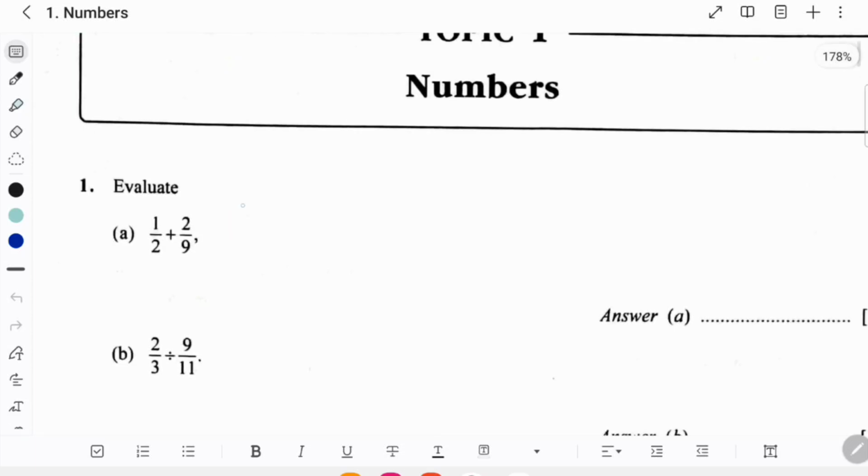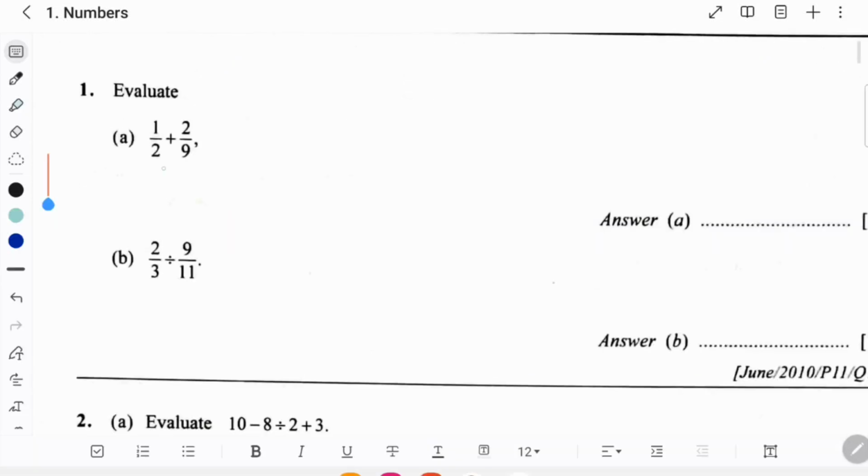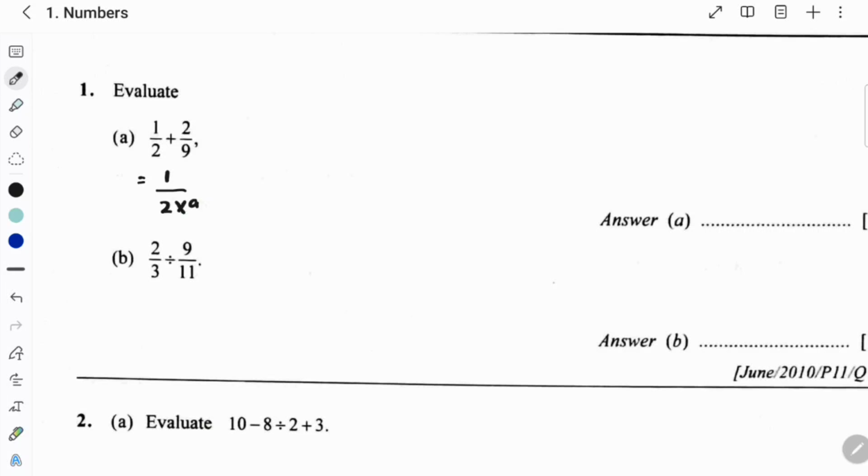So you just multiply the first one, 1 upon 2, by 9, and the 2 by 9 as well, and then the second fraction by 2, to make the denominator equal. I'm explaining everything in detail.